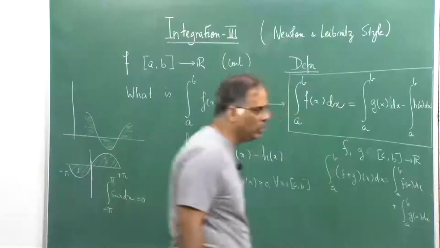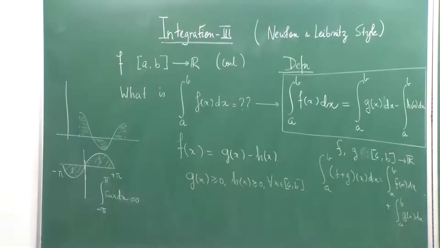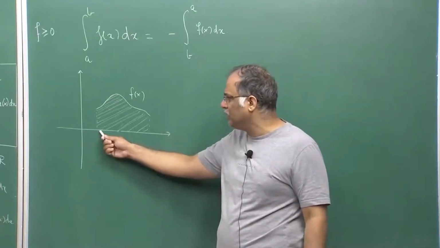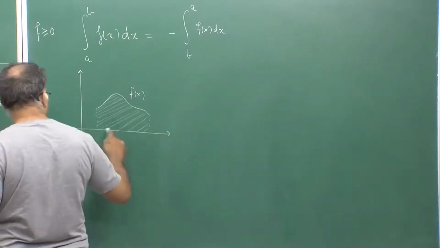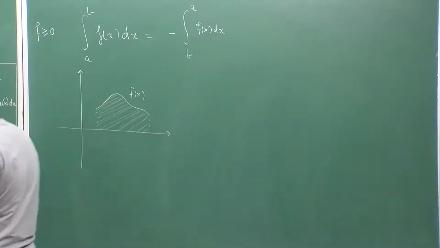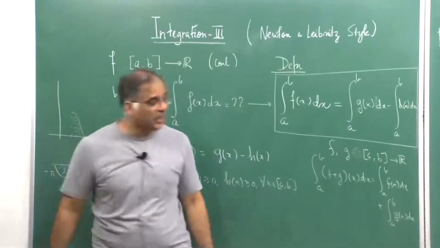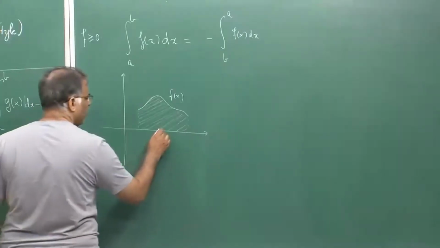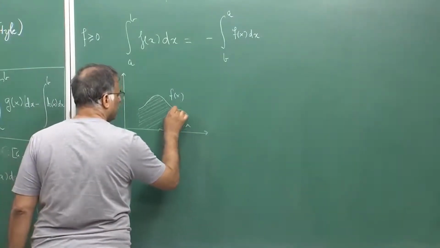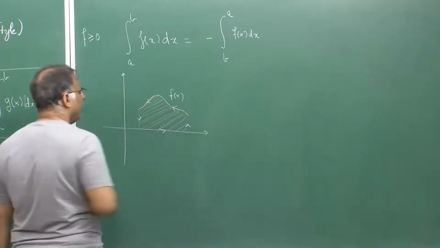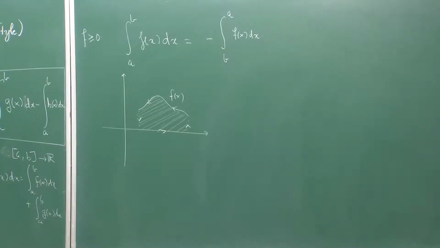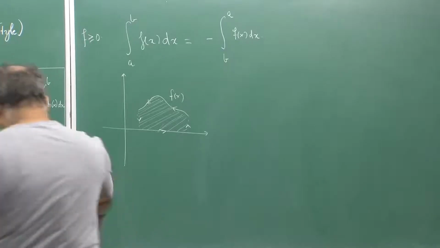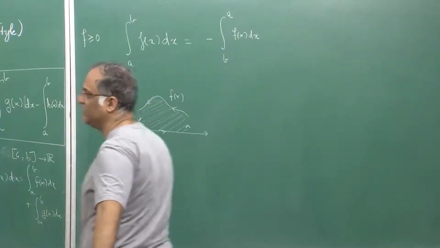So when shall I call an area positive or non-negative? If I start walking on the boundary of the area, this is the boundary, and I am walking on the boundary in a counterclockwise fashion, this is my walking path, then the area should always lie on my left.